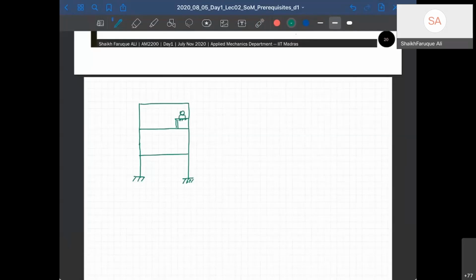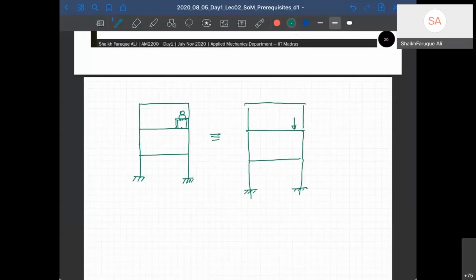When you are sitting here with the table and your other items, you're giving some load at this point. Structurally, I'll design it as a point load at that point, or maybe a little bit of distributed load, but let's say a point load is good enough. This is how I'll design or analyze.